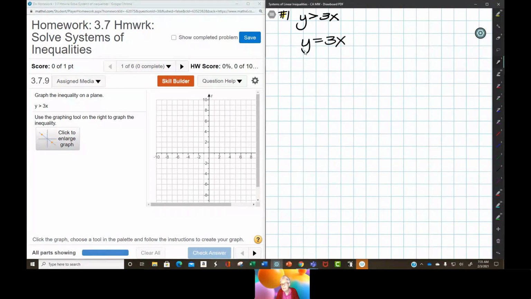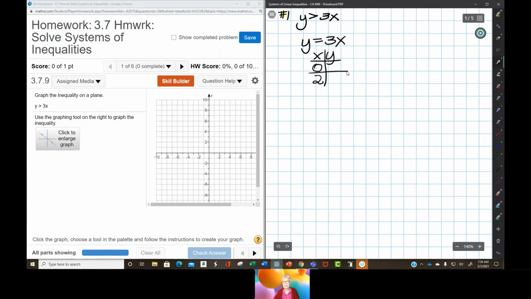So how would I do that? I might put this in my graphing calculator and find some points, or I might do it the easy way, the lazy person's way, which is I put down 2 really easy numbers for x. So maybe I'll let x equal 0 and x equal 2.